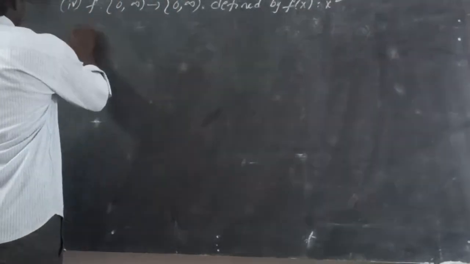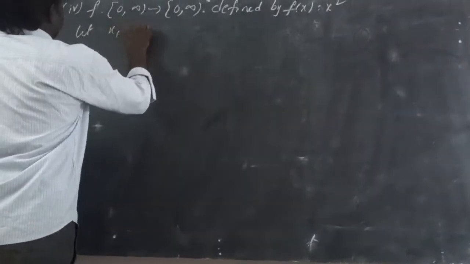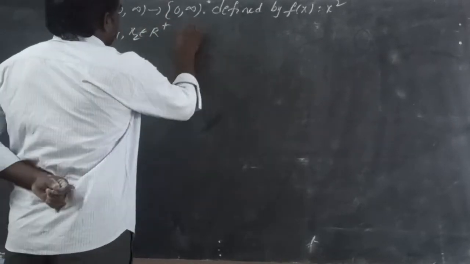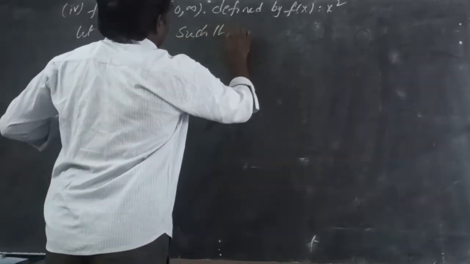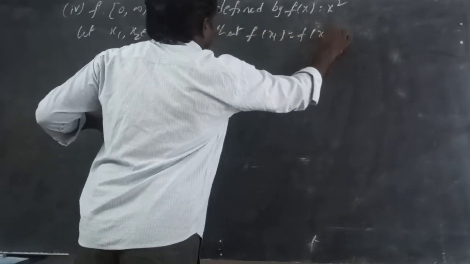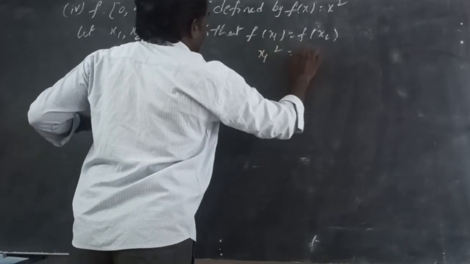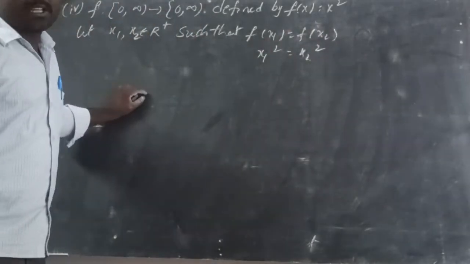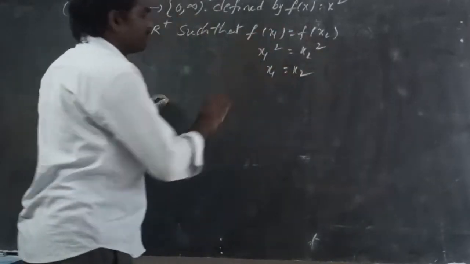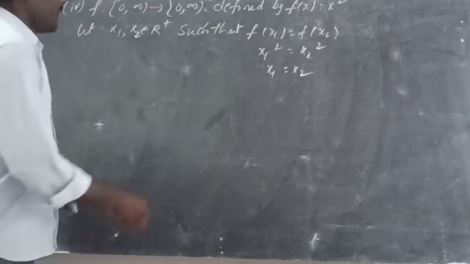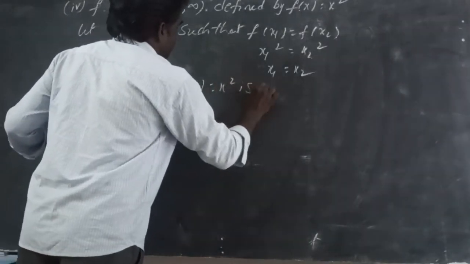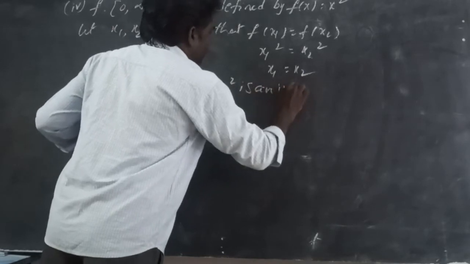Same as before, let x1, x2 belong to positive real numbers such that f of x1 is equal to f of x2. So that is x1 square is equal to x2 square. Powers are equal, bases also equal. So x1 is equal to x2. So therefore f of x is equal to x square is an injection function.